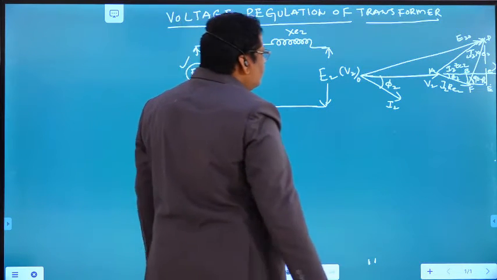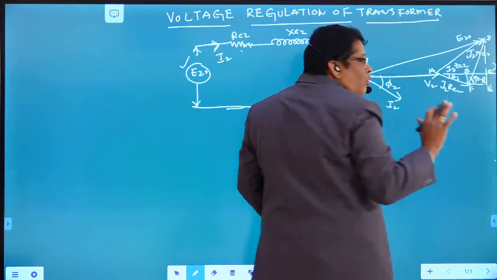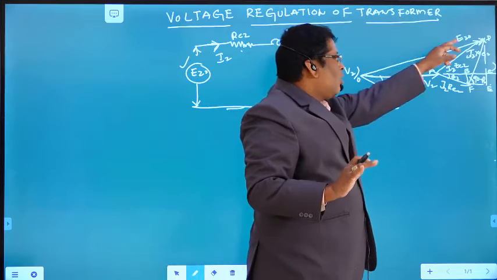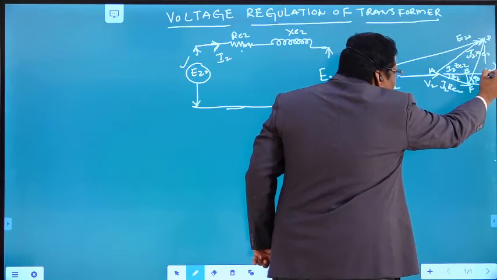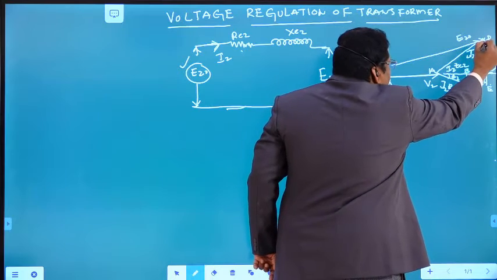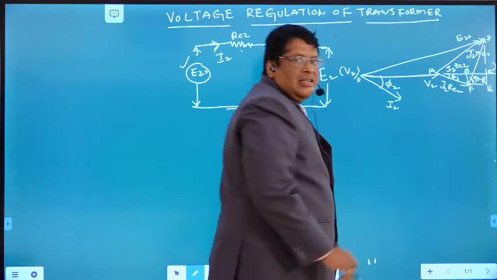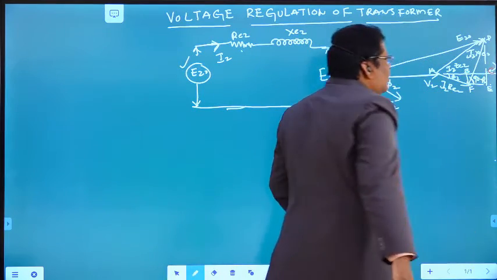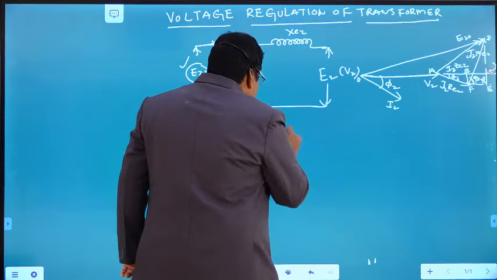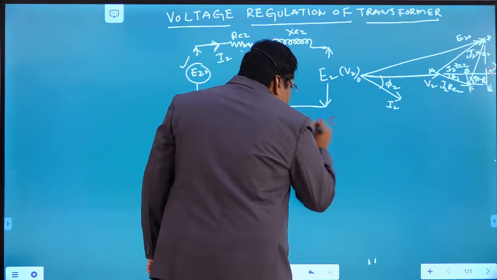Now, if you are approximating this, we are going to find out the magnitude of E2 naught. We are projecting this one. E2 naught equals the length OC.